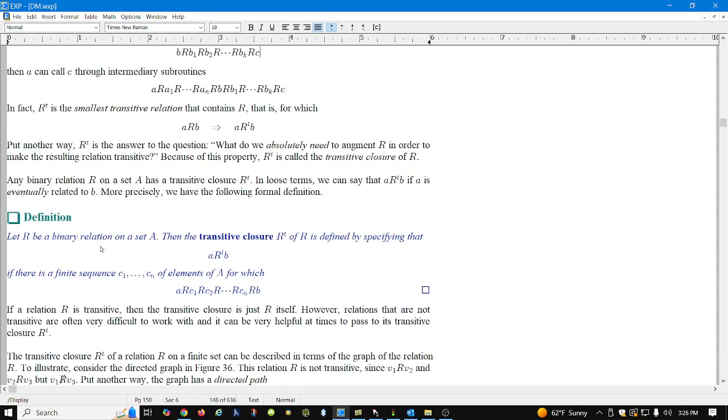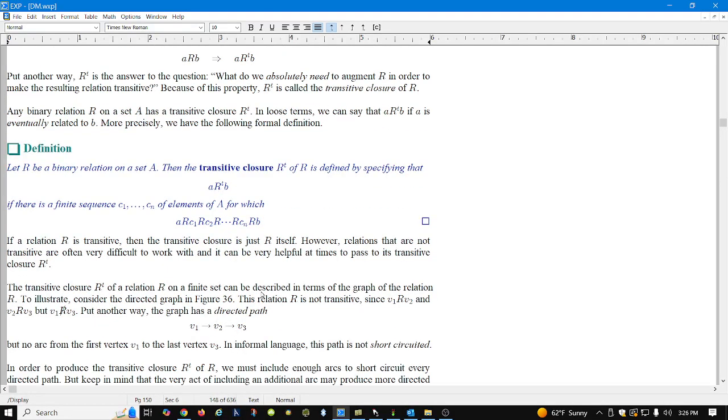Okay. Here's the formal definition. Let R be a binary relation on a set A, then the transitive closure R^T of R is defined by specifying that A R^T B if there's a finite sequence of elements of A for which we have this chain of relations.